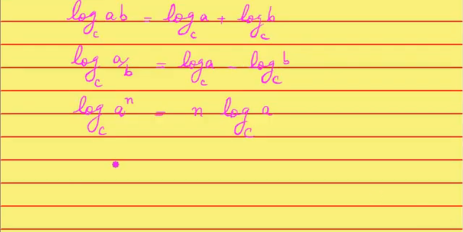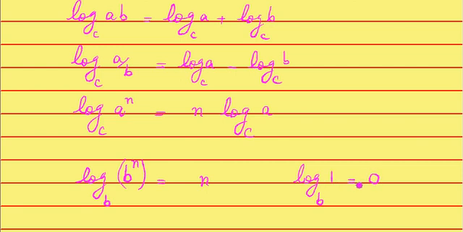We have logarithm of b to the power of n in base b, that is just n. A special case of this is the logarithm of 1 in base b. What's the exponent of b? b raised to what exponent will be 1?